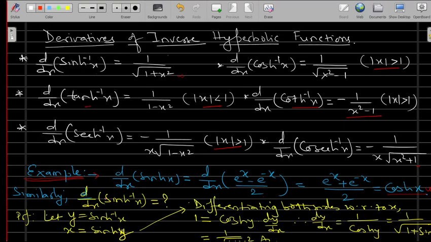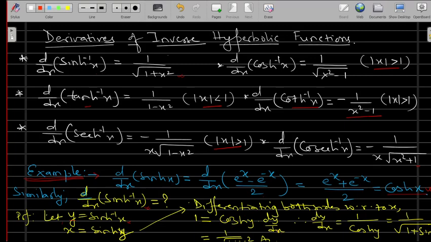Similarly, inverse case, let's see what is the derivative of sinh inverse x. In this case, we suppose y is sinh inverse x. In that case, x will be sinh y. Then differentiating both sides with respect to x, the derivative of x is 1, and derivative of sinh y is cosh y into dy by dx.